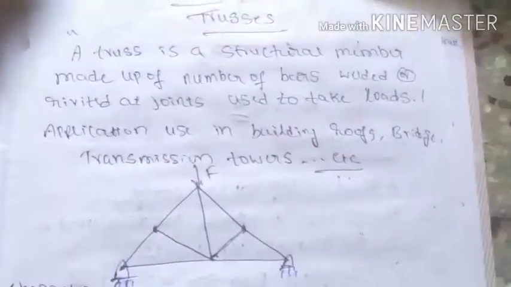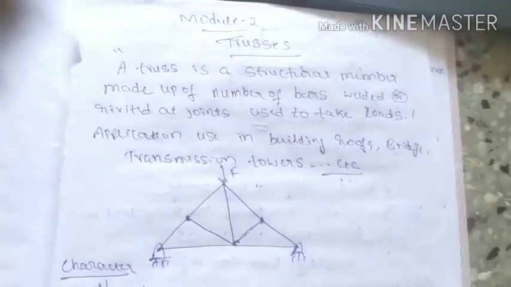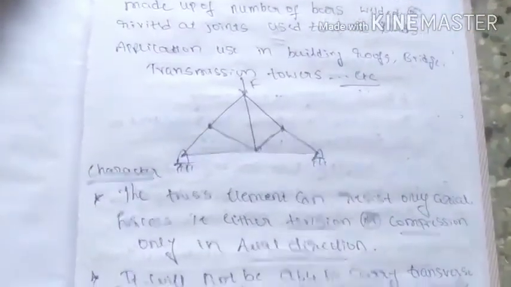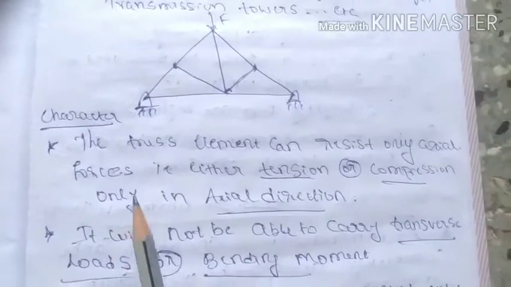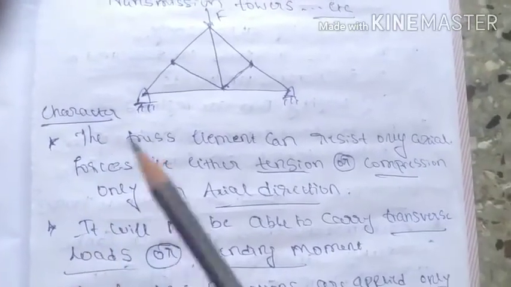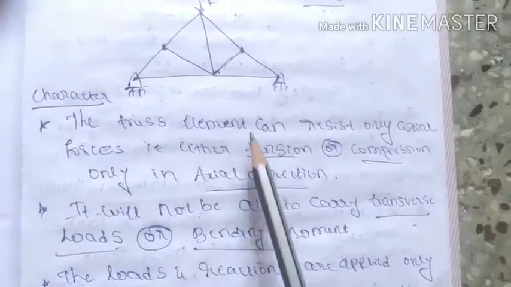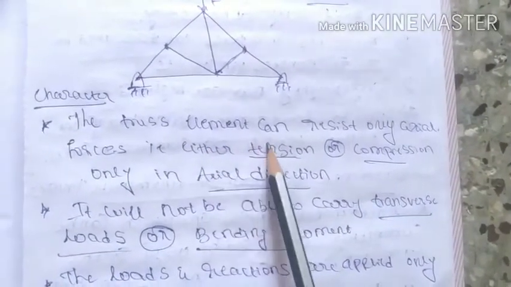Trusses are made up of a number of bars. Now we'll see the characteristics of the bar. This is one of the important basic concepts. Please keep in mind: a truss element can resist only axial force, either tension or compression.